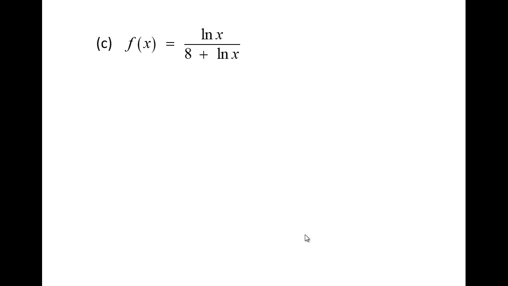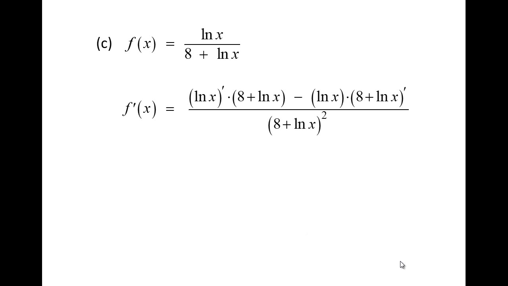All right, let's now look at this function f of x is equal to ln of x divided by 8 plus ln of x. And again, by using the quotient rule, we have to square the bottom, and then in the numerator we get the derivative of the top multiplied by the bottom minus the top multiplied by the derivative of the bottom.